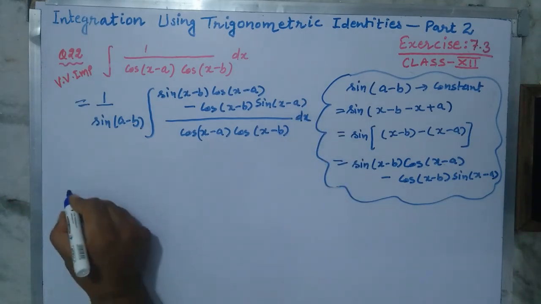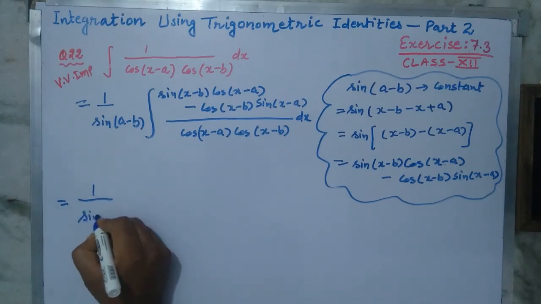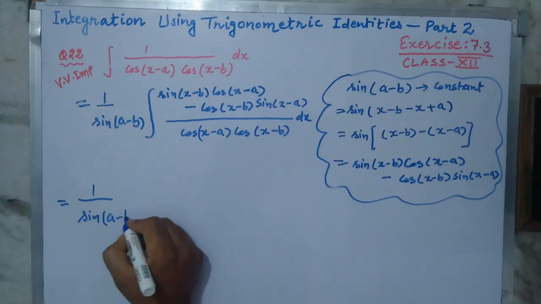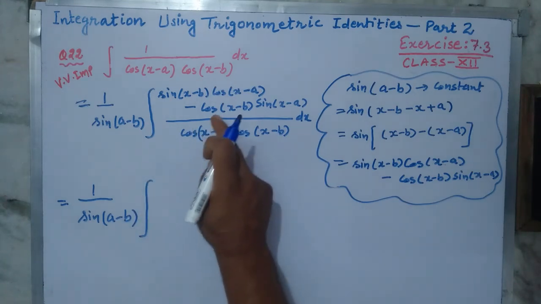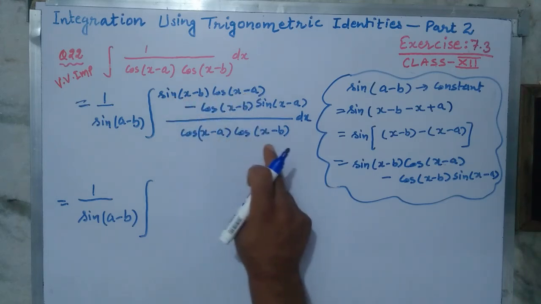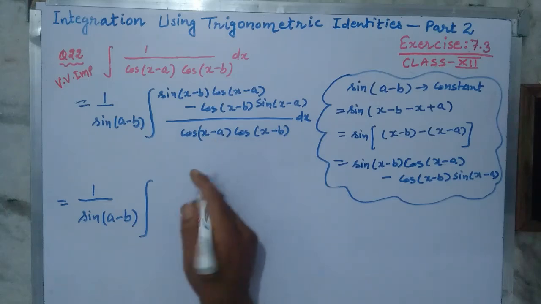So this way we have 1 upon sin(a minus b), which is constant, outside. Inside, in the first term, cos(x minus a) in the denominator will get cancelled.